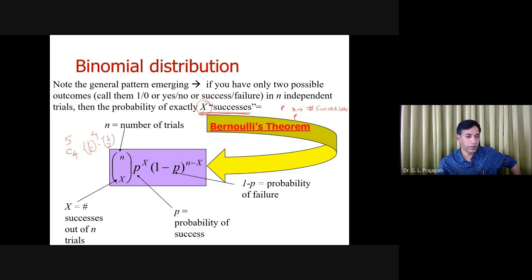How many times does failure come? The number of successes is 4 and the number of trials is 5, so n minus x is 5 minus 4, which is 1. And this is the answer.